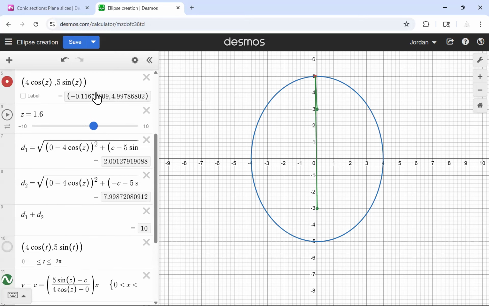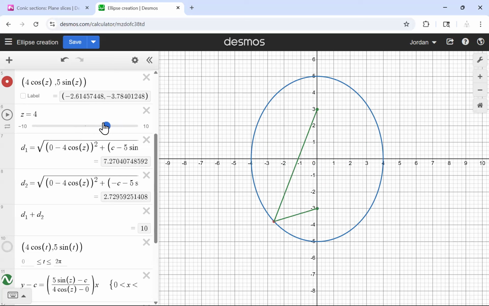If I change to any other point, the distances individually will change, but the sum of the two distances always adds to 10. Now it's 10 for this ellipse. Obviously, for other ellipses, it would be a different number.